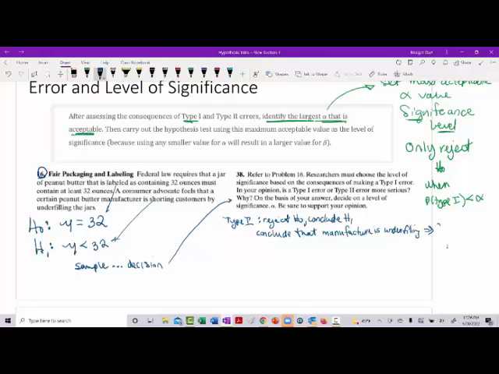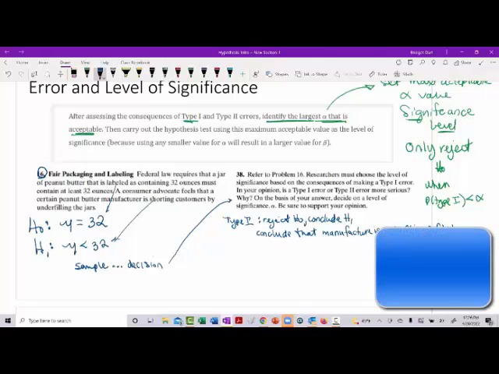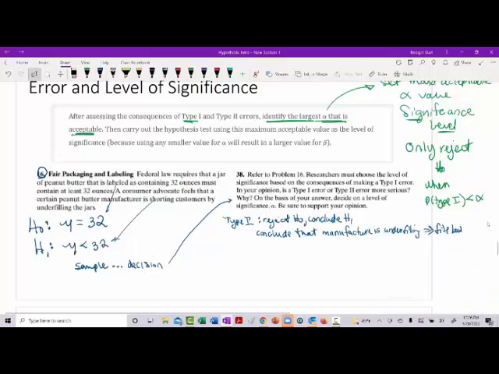So maybe we file a lawsuit. Oh my goodness gracious, they're underfilling the jars of peanut butter, right? We're going to file a lawsuit against the company. You're not giving me enough peanut butter, okay? Now, how would that be an error? That would be an error, right?